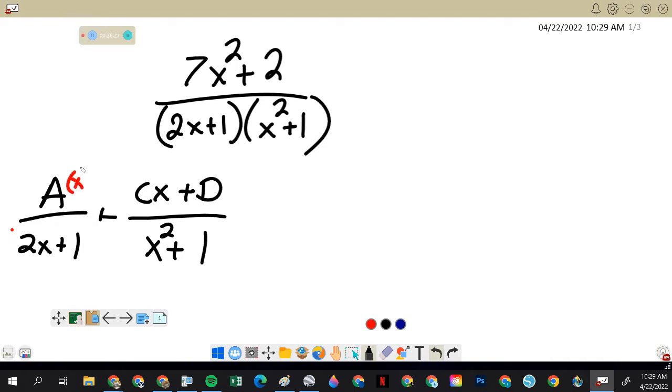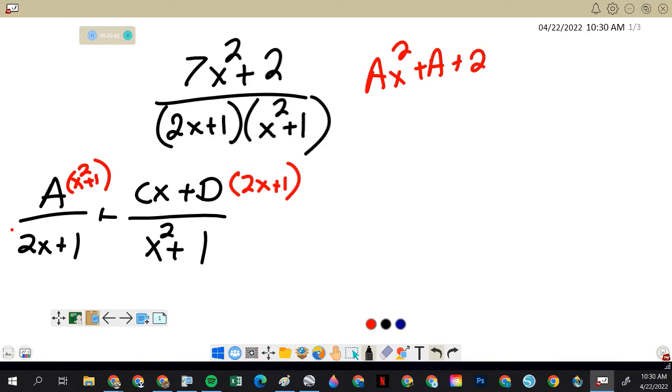So this needs an x squared plus 1, and this needs a 2x plus 1. So we get ax squared plus a, and then plus 2cx squared plus cx plus 2dx plus d.